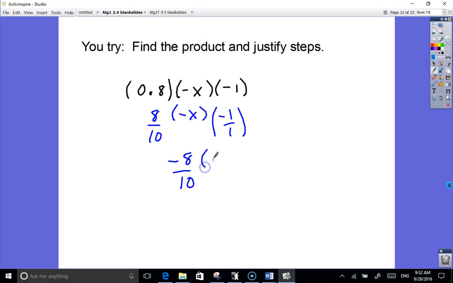So now you still have to multiply that by -x. Okay? And then what'd you get when you did that? Okay. I mean, well, that's not quite right, is it? What's wrong with that? It's positive because it's a negative times a negative.